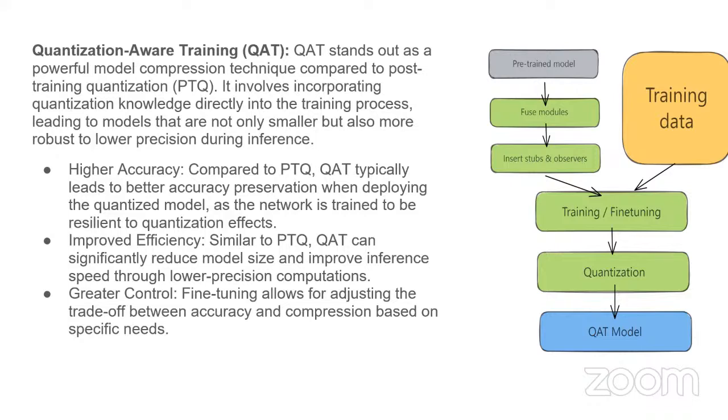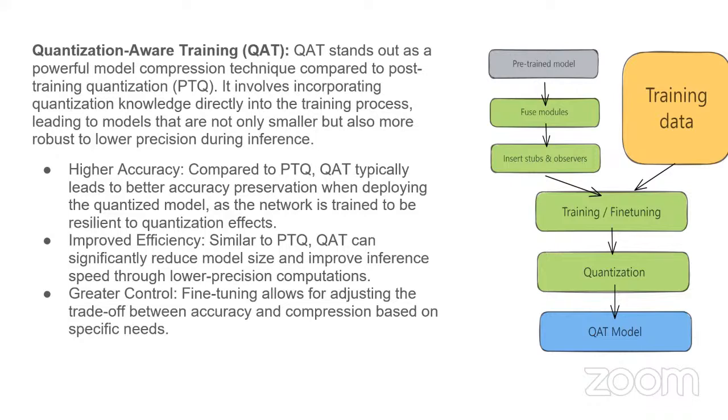Then there are several advantages of quantization aware training. First is higher accuracy. QAT, which is quantization aware training, generally preserves more accuracy than post-training quantization, that is PTQ, because the model is trained with quantization in mind.